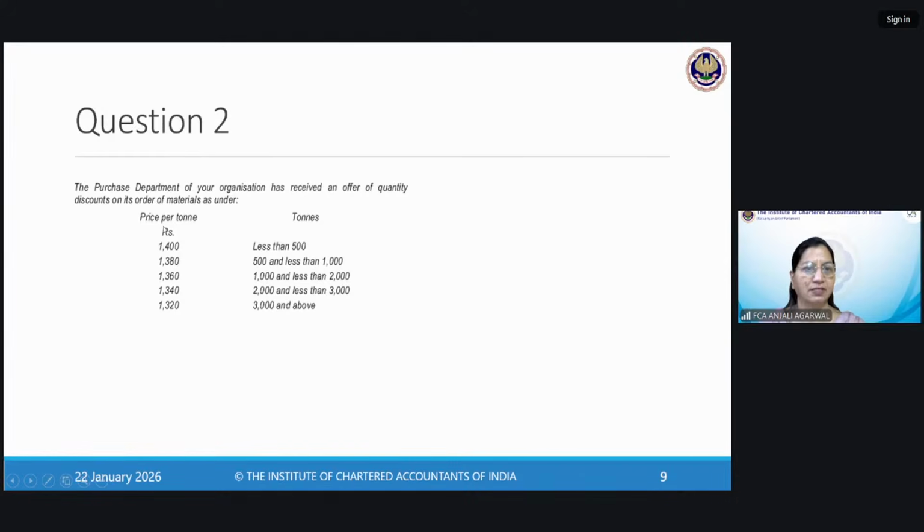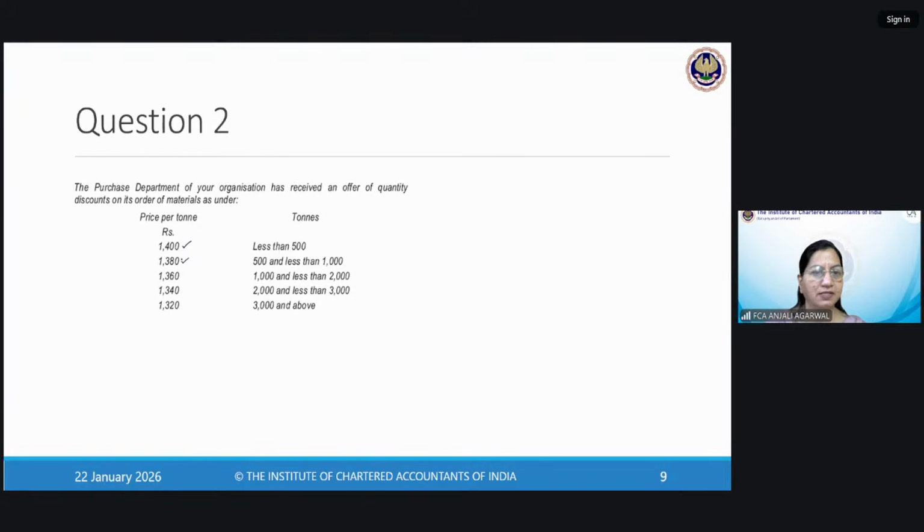Have a look at this. The purchase department of your organization has received an offer of quantity discounts on its order of material as under. So what is he saying? If you will order anything less than 500, the price per unit will be 1,400. If you order anything between 500 to 1,000, we'll give you the raw material at 1,380.